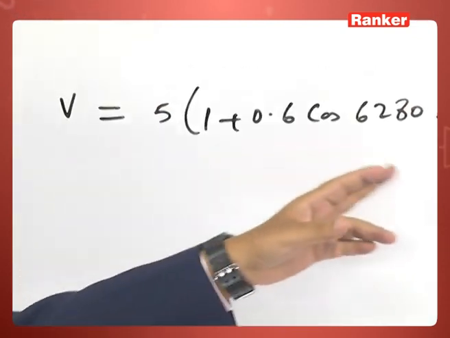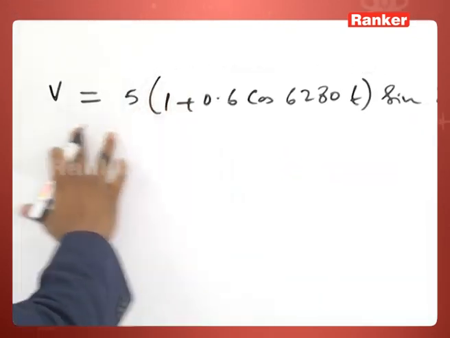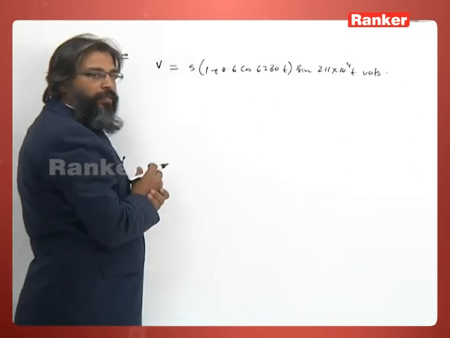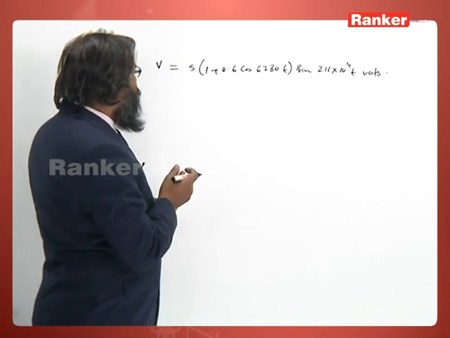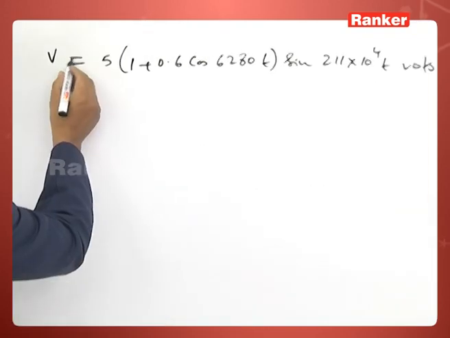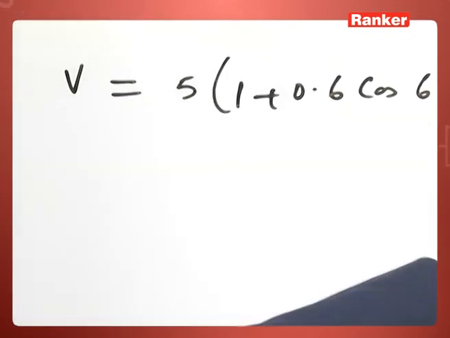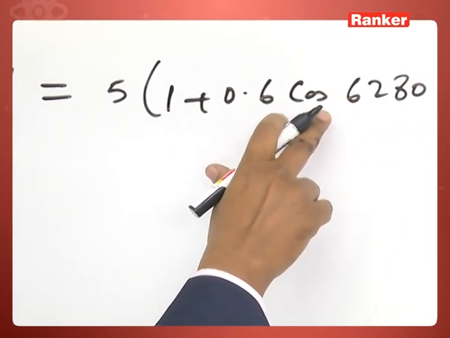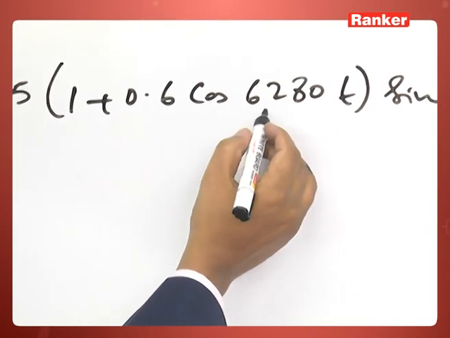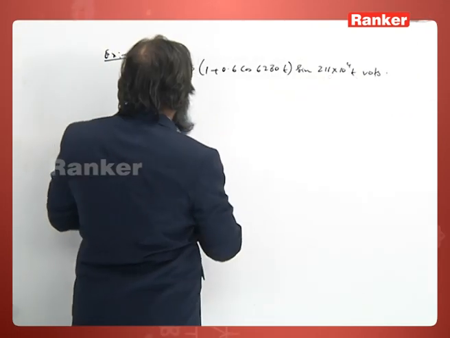So this is the equation of a modulated wave, a carrier wave which has been modulated. Here the voltage V is given as 5 into 1 plus 0.6 cos 6280 t times sine of this much.